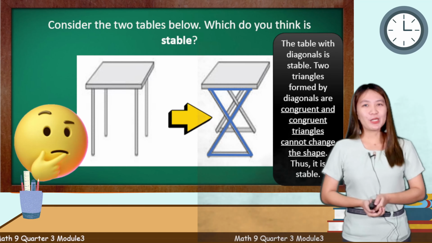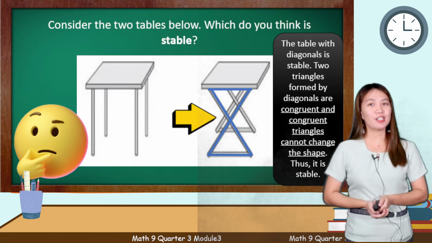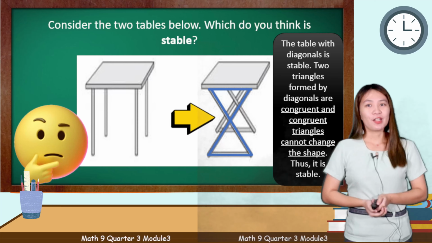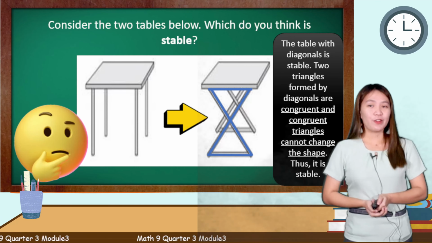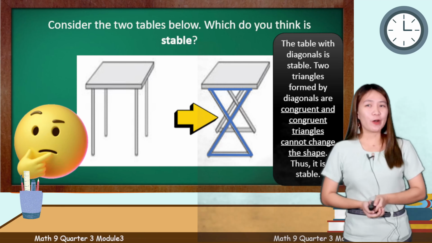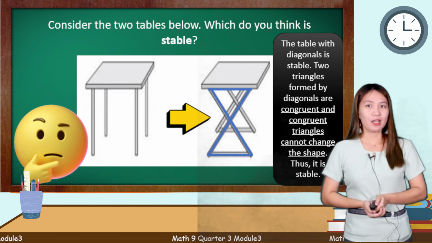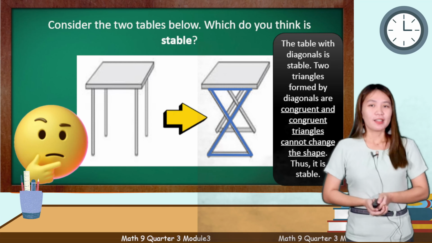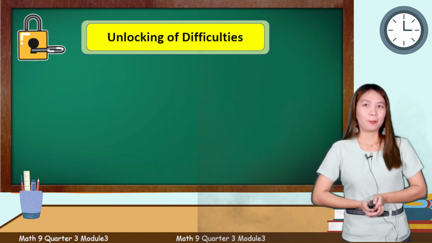Two triangles formed by diagonals are congruent, and congruent triangles cannot change shape. Therefore, it is stable. Look at the first table. It has 4 legs, or it can form a parallelogram, and it can form into other shapes. That is why the second table is more stable than the first one.